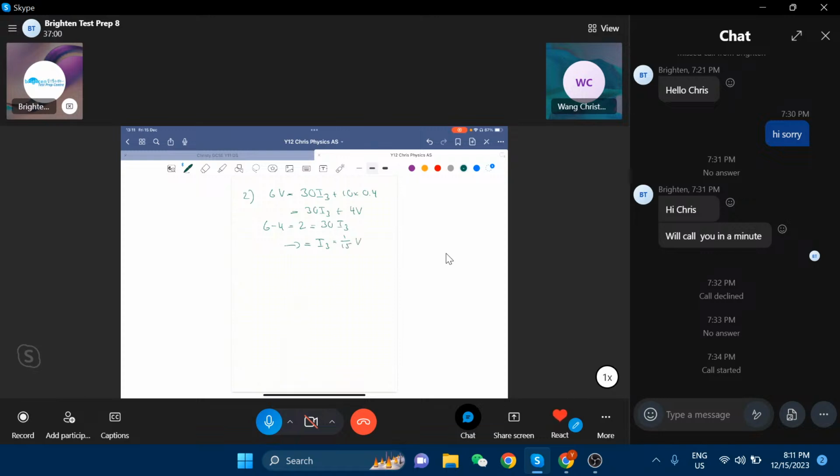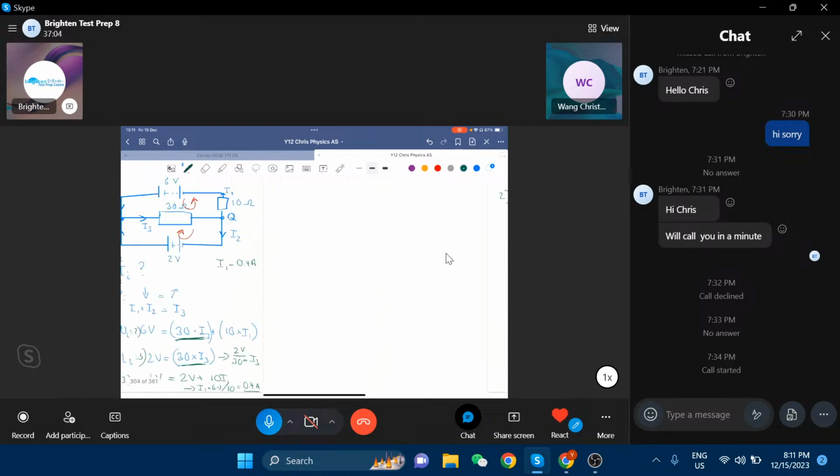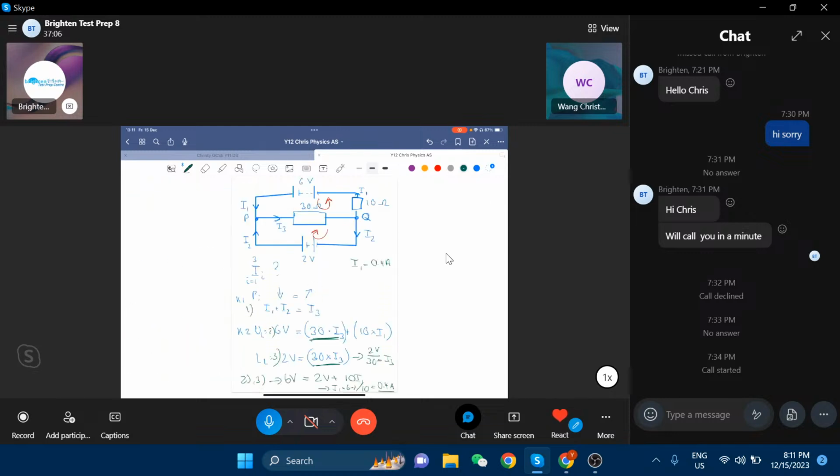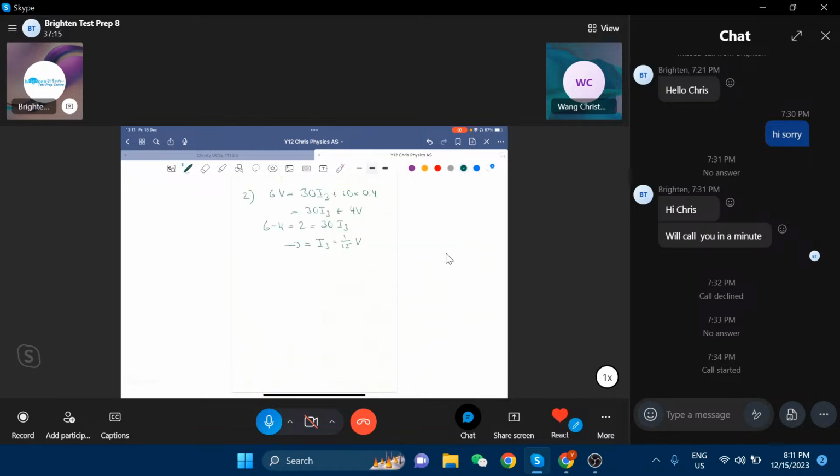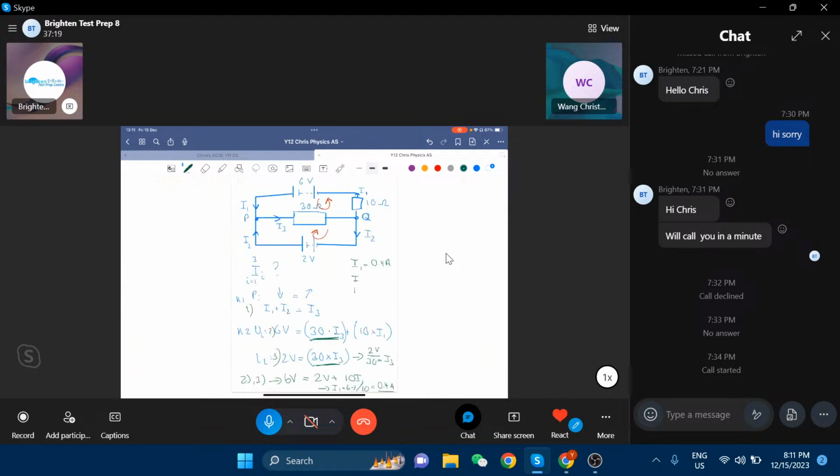And we actually have to cross check. What we have now identified is nothing else but the rearrangement of number 3, which is fine. So I3 is 1/15.